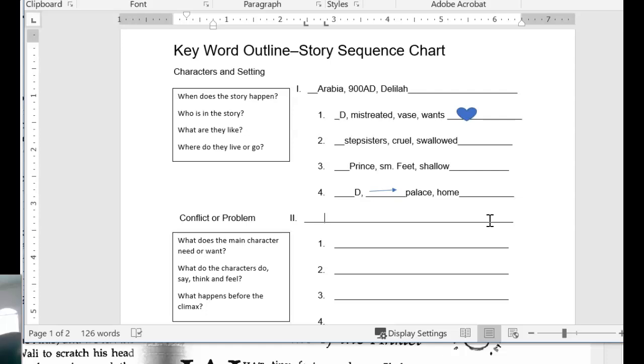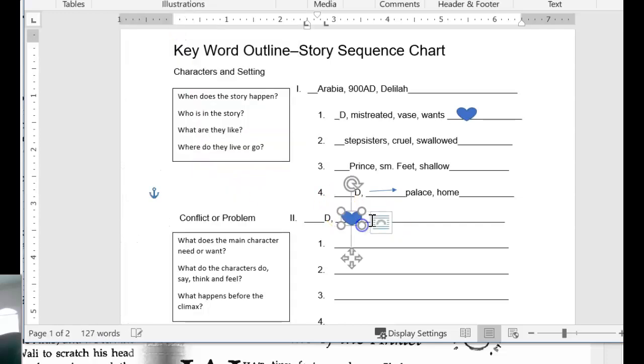She has a problem that she wants to solve, and what is her problem? Okay, so her problem really is that she wants love. So let's do Delilah, and let's do our little heart again. Right? She wants love.